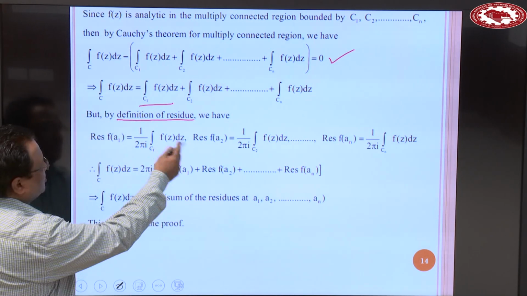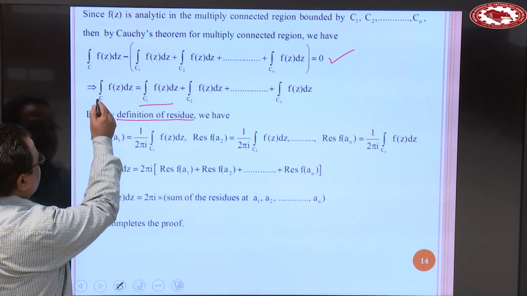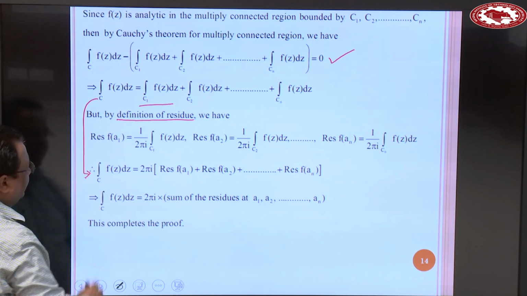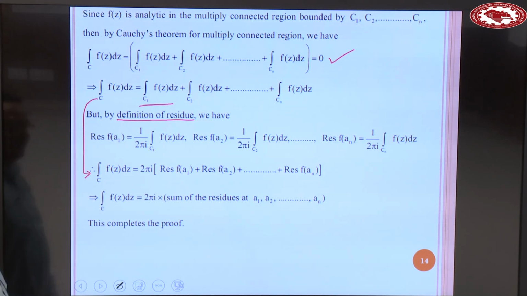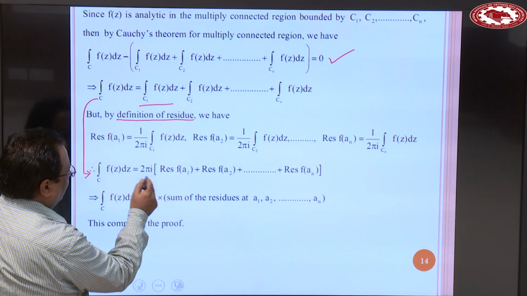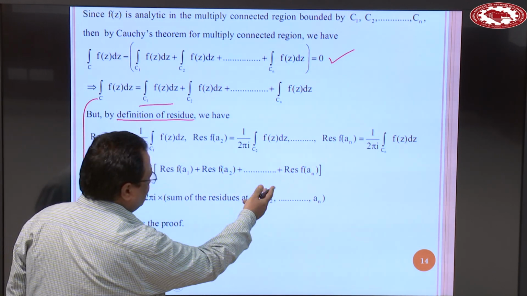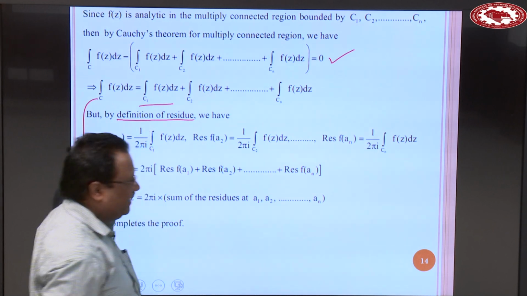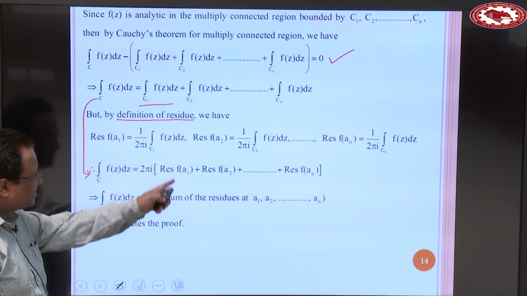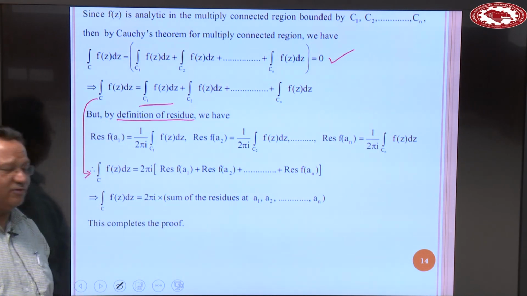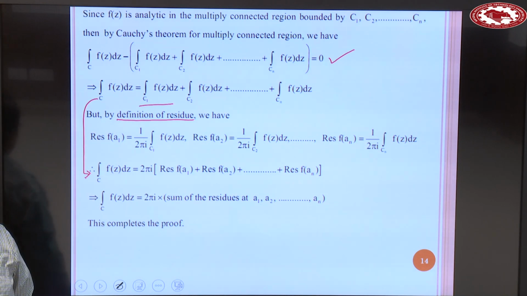So use these results here, then the integral over C of f(z) dz is equal to 2π common, within the bracket residue f(a1), residue f(a2) plus residue f(a3) plus residue f(an), right? This means the sum of the residues at a1, a2, an. This completes the proof. Okay.